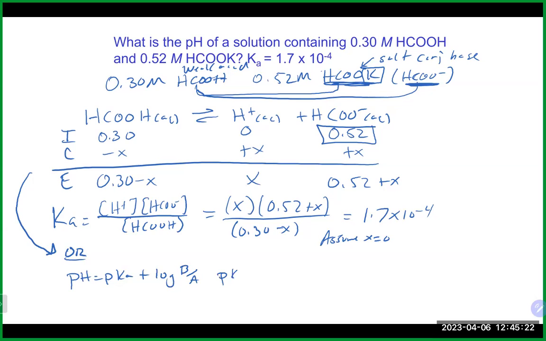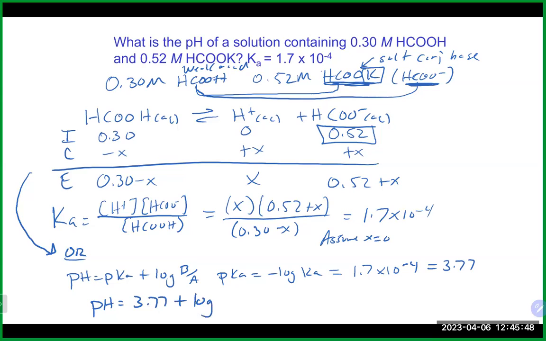Here we would find the pKa value by taking minus the log of the Ka, which is 1.7 times 10 to the minus 4. If you did that, you get about 3.77. And then we could go right into our Henderson-Hasselbalch with 3.77.